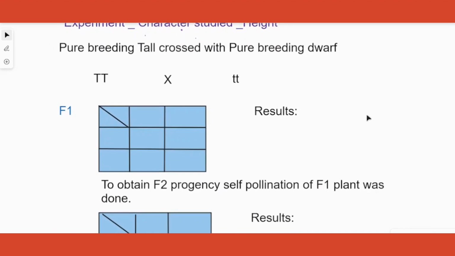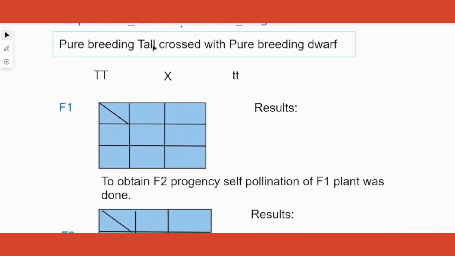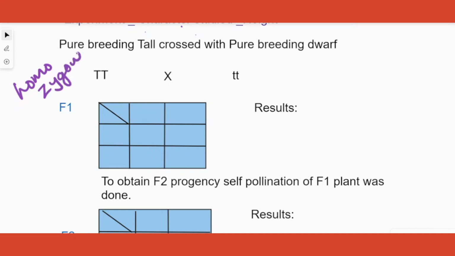Alright. So what did he do? He took a pure breeding tall plant and crossed it with a pure breeding dwarf. So what exactly is meant by pure breeding? The word pure breeding means homozygous. Please note that down. It means homozygous. And he took tall plants.